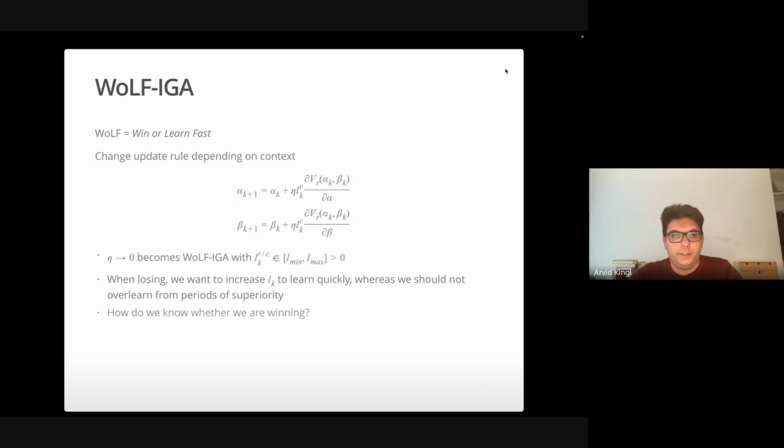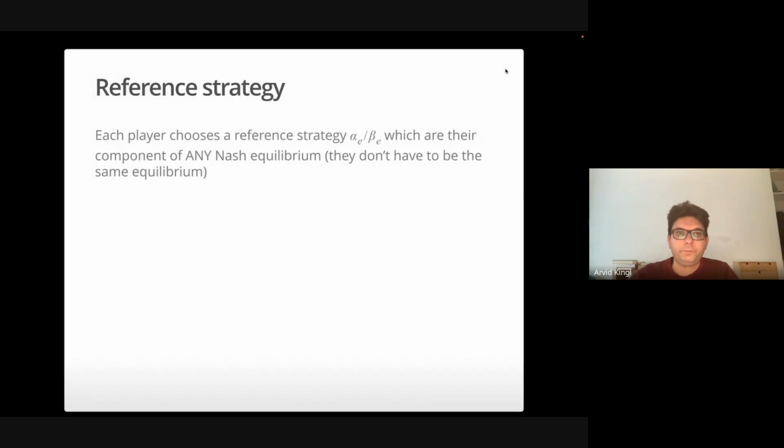When they actually try to figure out whether this stabilizes the algorithm, one part of it is the question of what winning means. The idea is that in this particular setting, both players know that there is a Nash equilibrium, and so they essentially have a reference strategy, and they can at any point in time compare whether their currently implemented strategy is doing better or worse than the reference strategy.